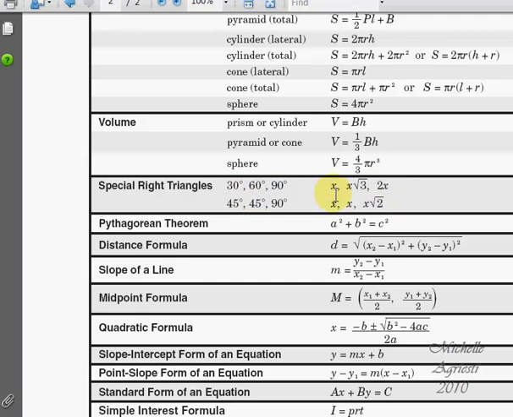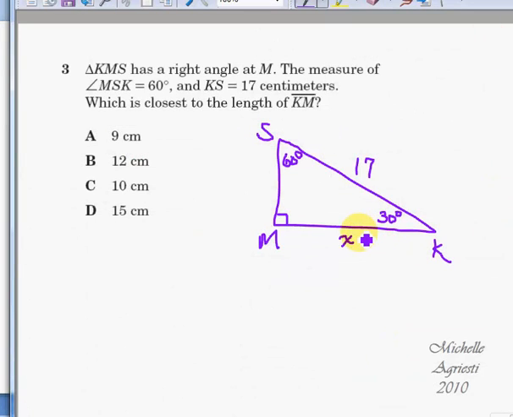With the x across from the 30-degree angle, the x times the square root of 3 across from the 60-degree angle, and the 2x across from the 90-degree angle. Or if you have been in my class, you know it as 1, 2, square root of 3, with the 2 on the hypotenuse. It's corny, but it's a good way to remember.